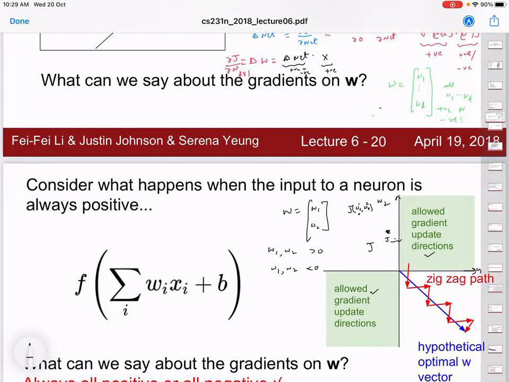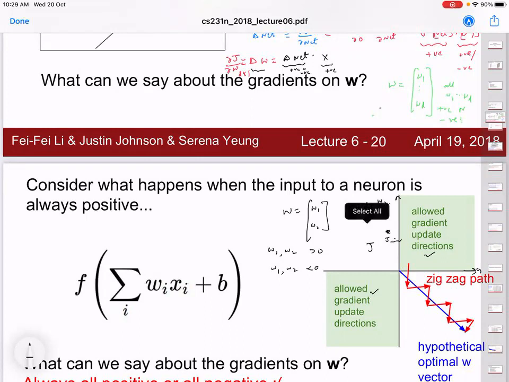The initial weights are up to us, wherever we want. But the weight update delta W happens in these quadrants, both positive or both negative.